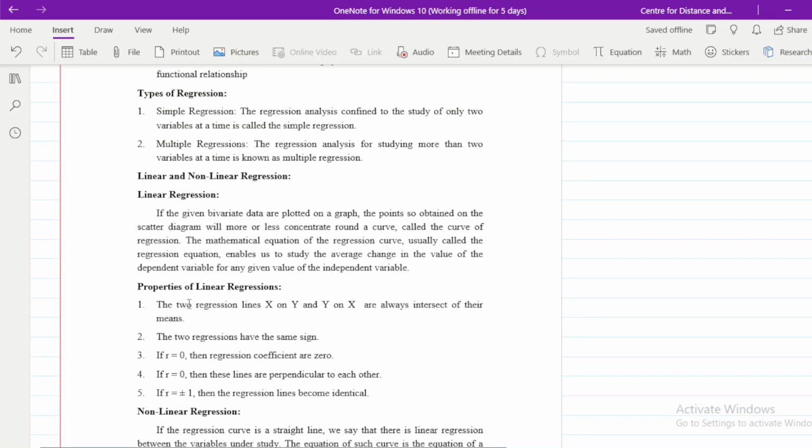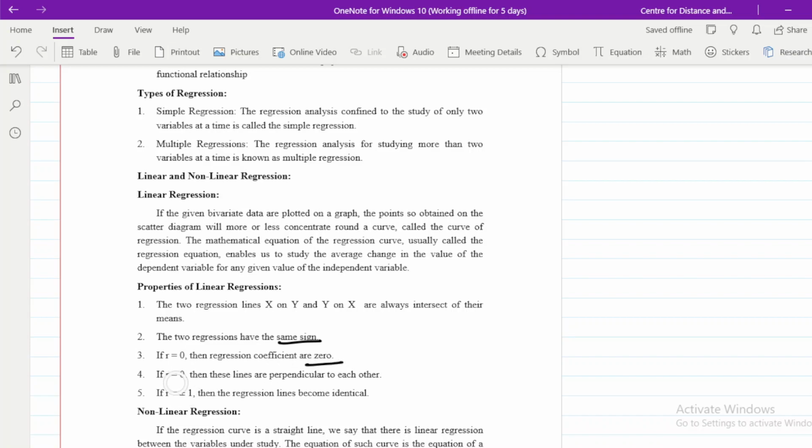There are some properties of linear regression, and this is important for your objective questions. The first property is that the two regression lines of x on y and y on x always intersect at their means. Second, the two regression coefficients have the same sign. Then, if r is equal to 0, then the regression coefficients are 0.